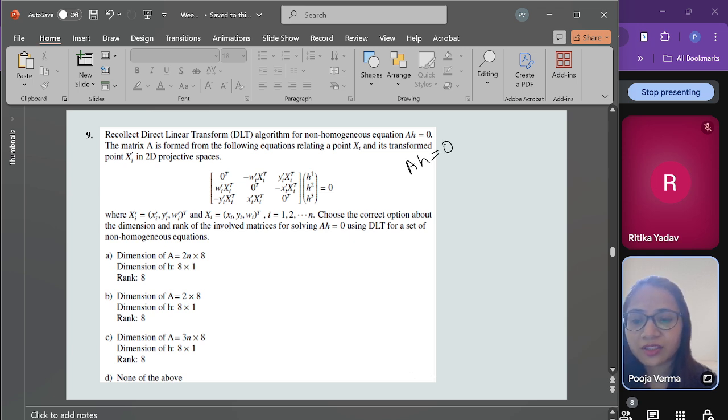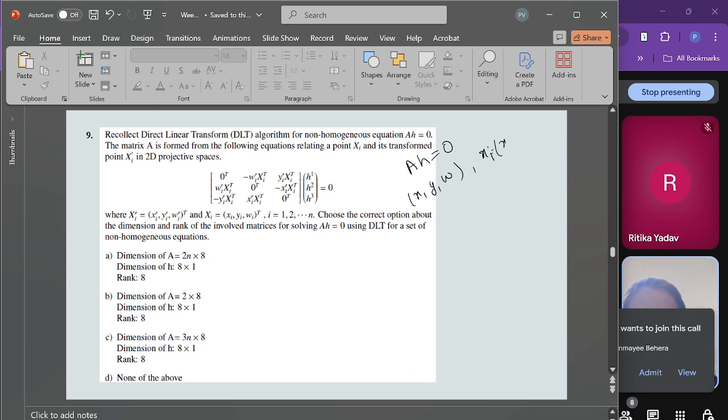Where the matrix A is formed from equations relating a point X, that is x, y and w, and its transformed point, that is xi, yi, and wi.